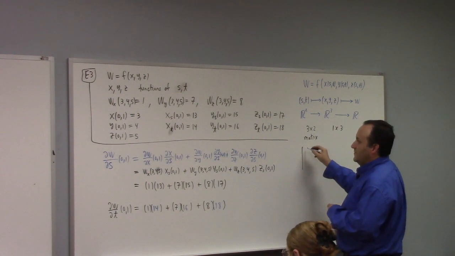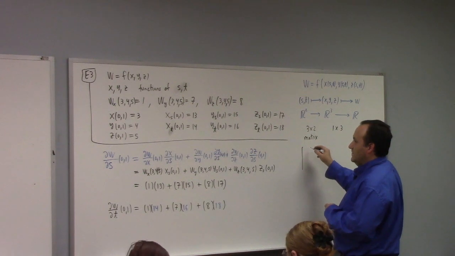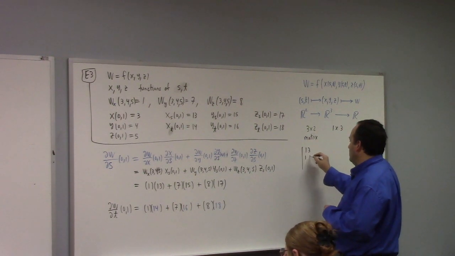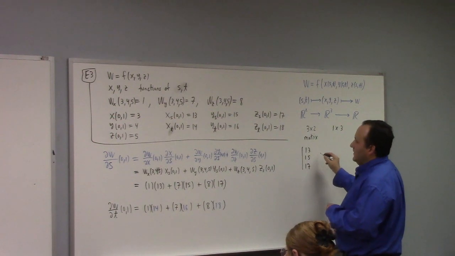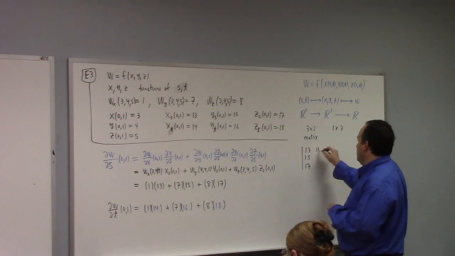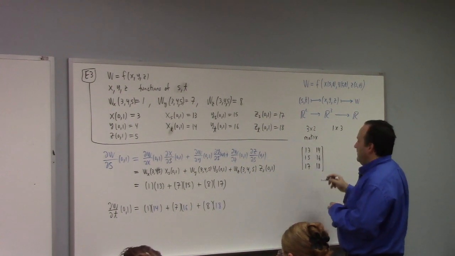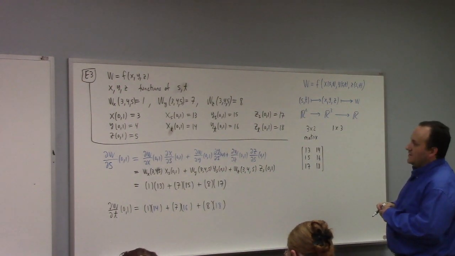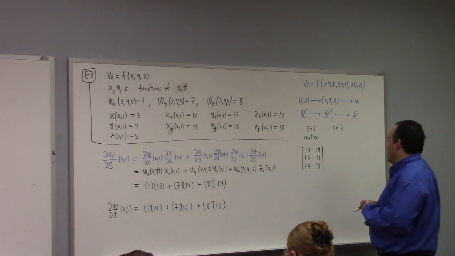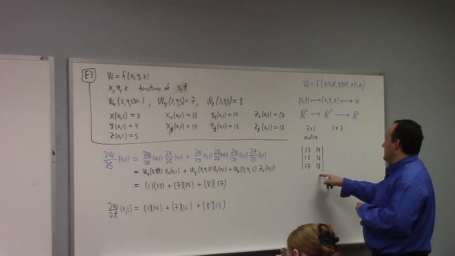So I think if I put 13, 15, 17 here, and if I put 14, 16, 18 there, and I take that and I multiply by, see that's 3x2.